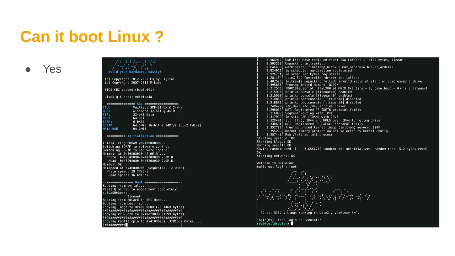So yeah, the main question is always, can you boot Linux? And we did manage to boot Linux, and it is done on this board for now, because it was the first one that actually contained 64 megabytes of SDRAM, and the requirement is 32 megabytes of SDRAM at least.